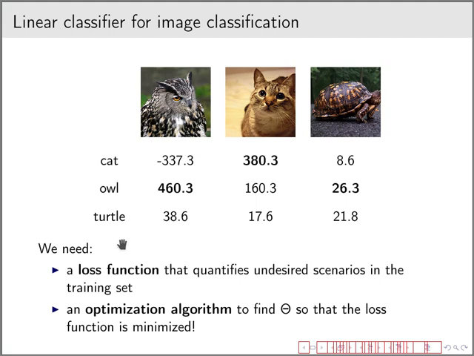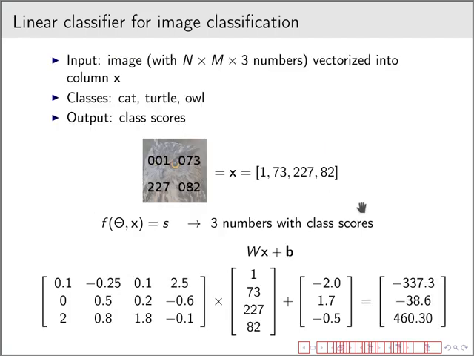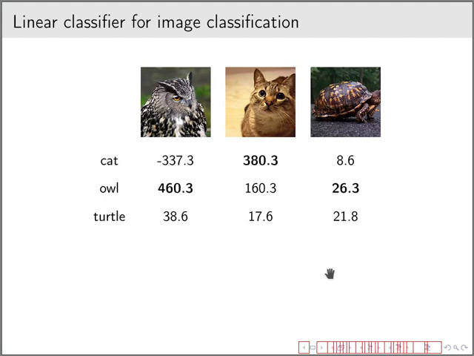Loss is something that we lose. So this function will encode what we are losing when we choose specific parameters. Which parameters? W and B. The higher this function is, the worse we are. The lower the function is, the better we are.